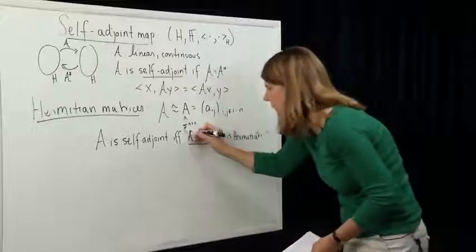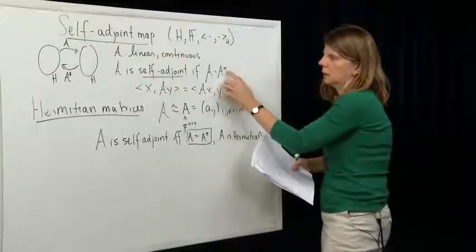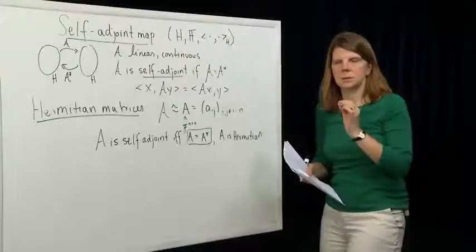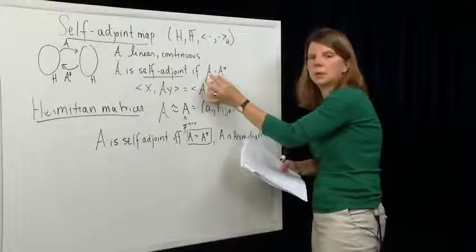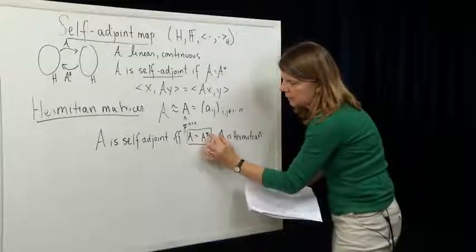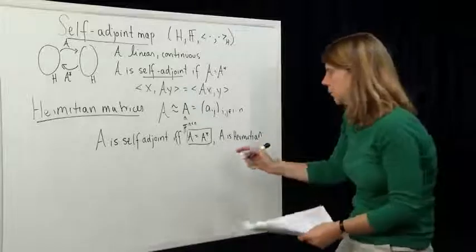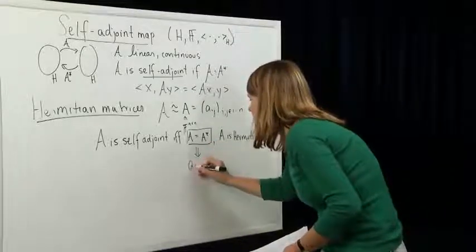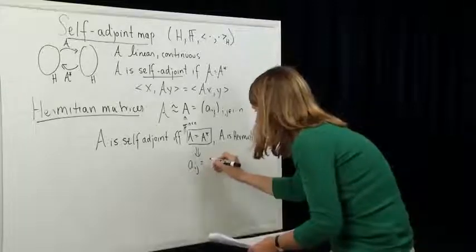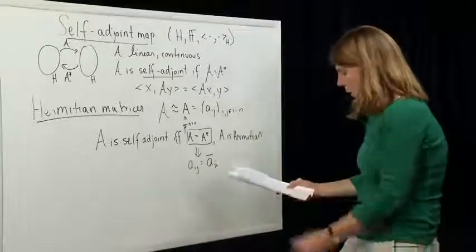Okay, so let's think about what that means. When we talk about the adjoint map, we've defined star to be something quite particular. A star is the adjoint map of A. In matrix notation, when we talk about A star, we have another particular thing we think about, which is really Hermitian. What that really means is that the ijth element of A is equal to Aji over bar.